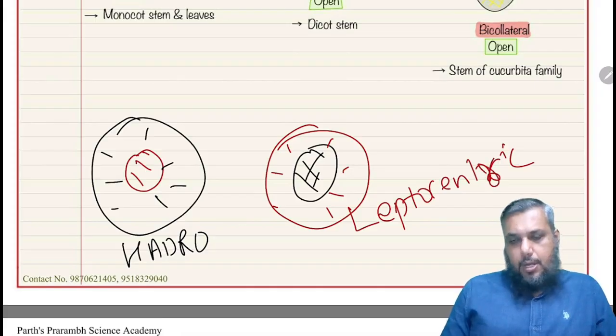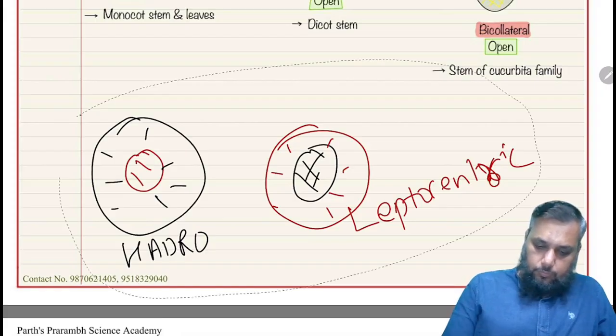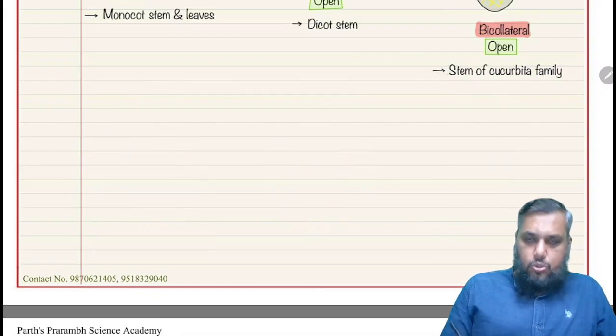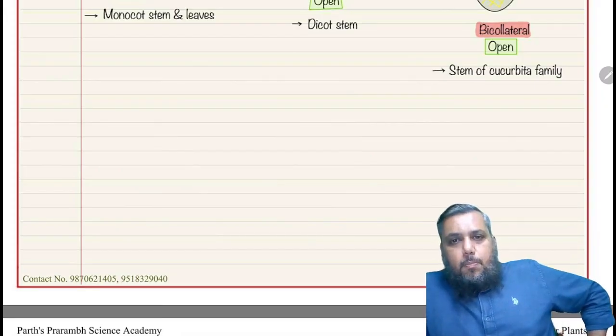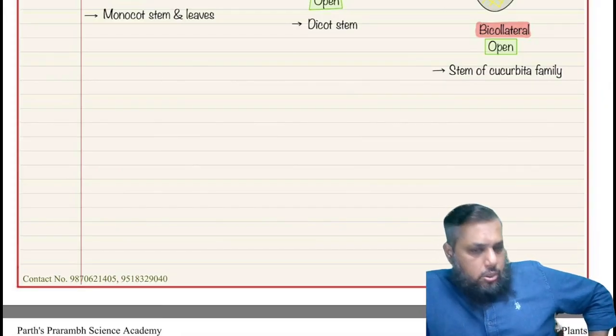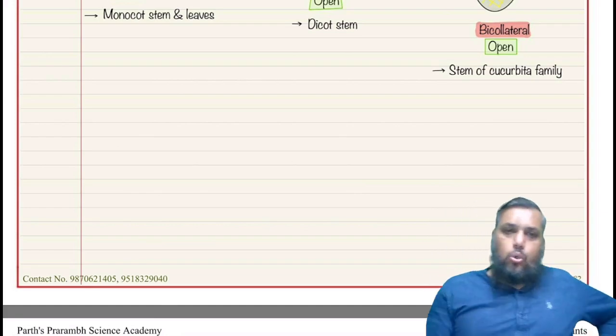So it can be heterocentric or leptocentric. So these will be the types of the vascular bundles, which can be classified as conjoint, radial, and concentric.